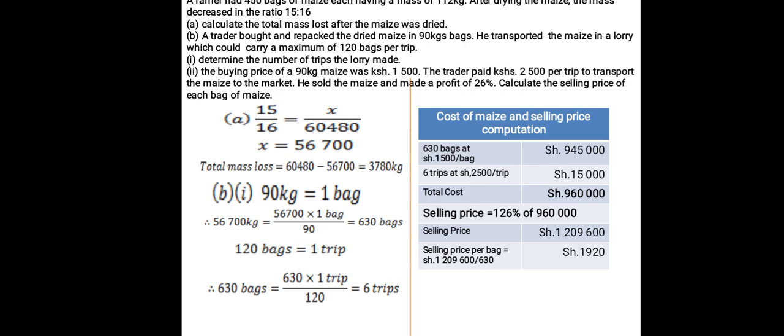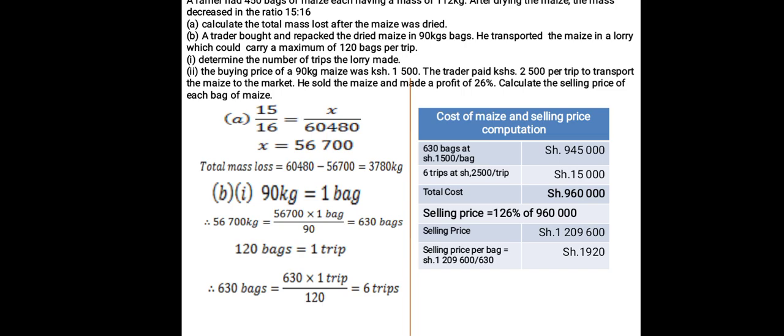That's the total cost. Now we have been told that he made 26% profit. So this means he made 26% profit on his cost. So 126% of 960,000, we get the selling price. So he sold the maize at 1,209,600 shillings to make a profit of 26%.